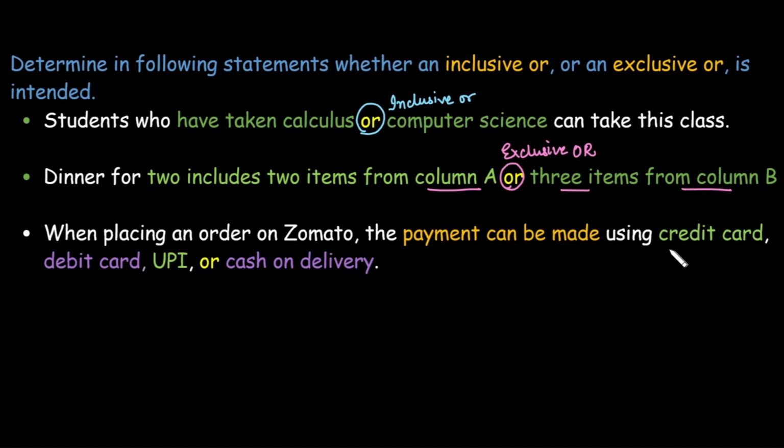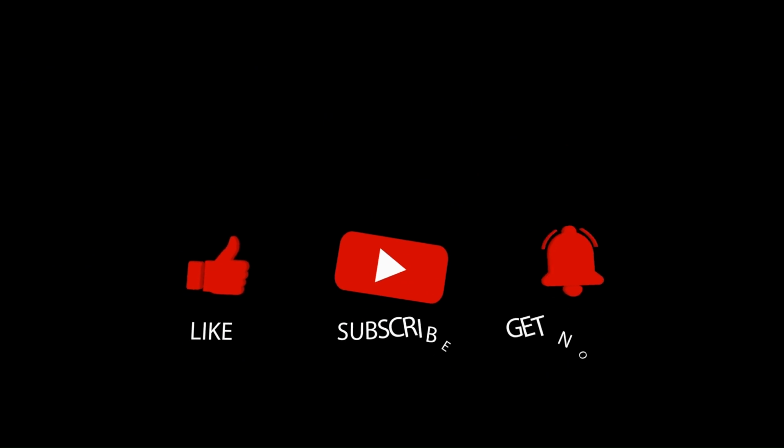No. Either we will pay the amount using credit card or debit card or UPI or cash on delivery, but at a time we cannot select two options, right? So it means it is the exclusive or. So this is how we can identify whether the statement contains inclusive or exclusive or.